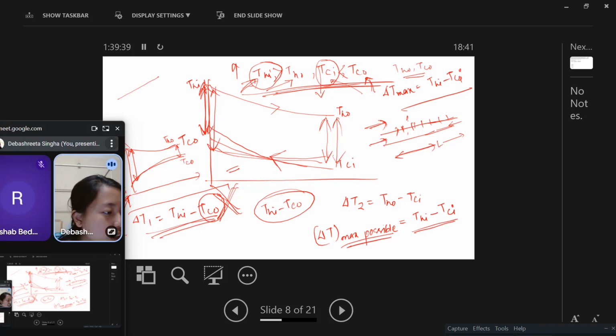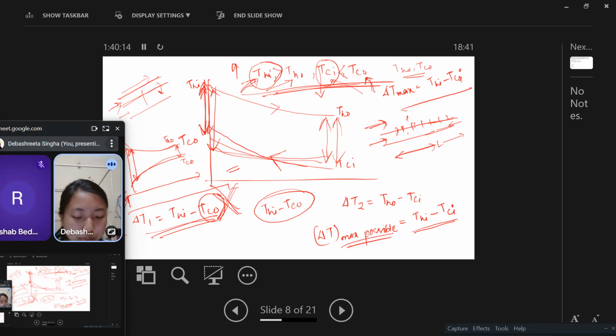They have specific designated tubes to flow in. Hot fluid flows in one pipe and cold fluid flows in another pipe. While flowing, there is some exchange between them. The hot fluid releases the heat to the cold fluid, and the cold fluid takes up the heat from the hot fluid. This is the thing.